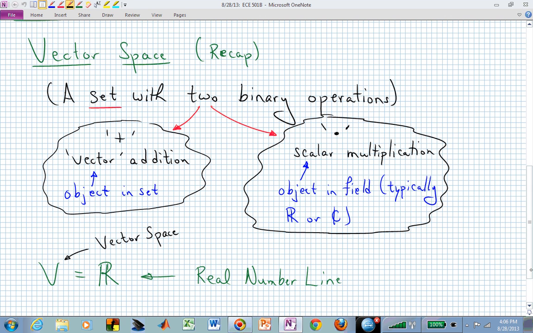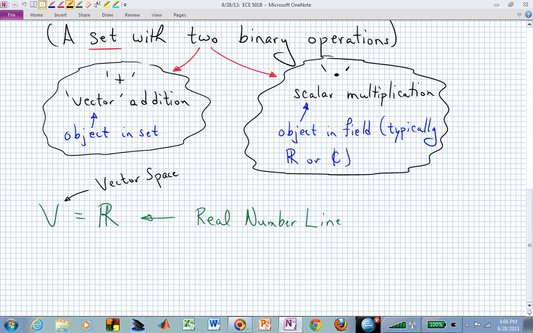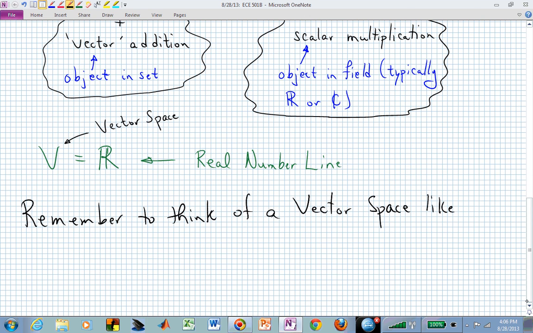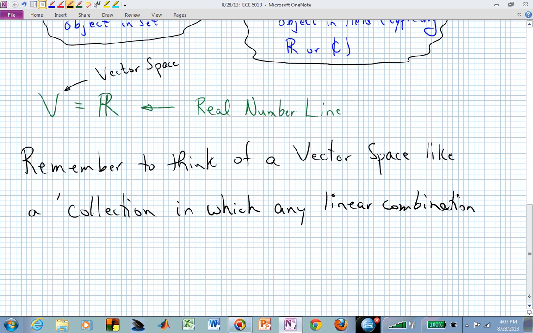What I'm hoping is that we want to remember to think of a vector space like more of a collection, let me say collection, in which any linear combination makes sense.